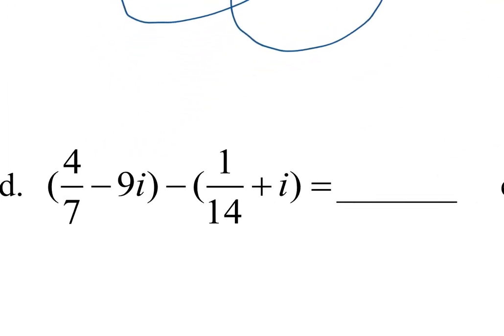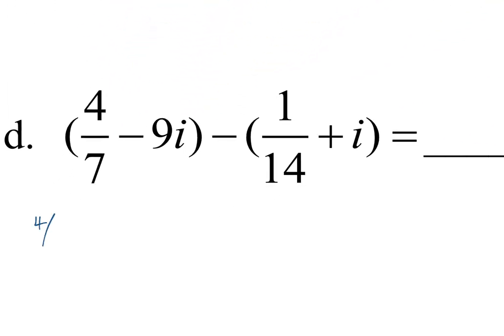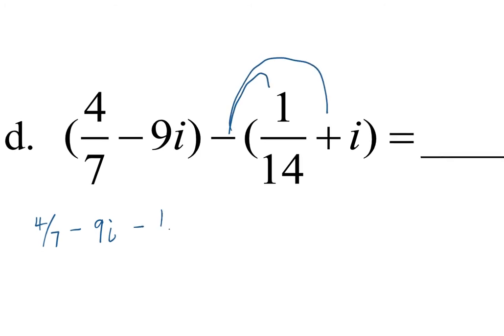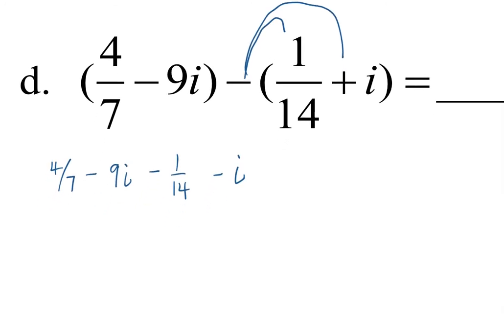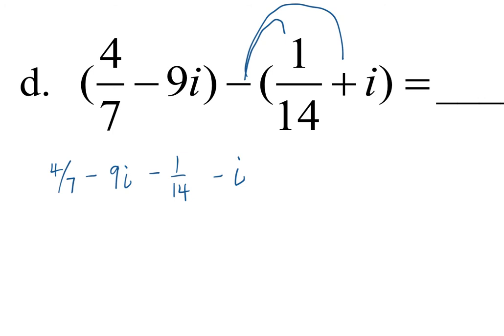Okay, we have another subtraction problem. I kind of like what I did last time in rewriting the problem. Now this first complex number doesn't need to be rewritten to take the parentheses off, but this one, I need to distribute a -1, so that will be minus 1/14 minus i. And so for my like terms, I can combine 4/7 and -1/14, and then I can combine -9i and -i.